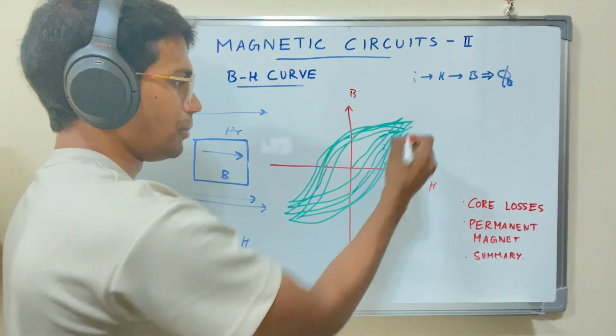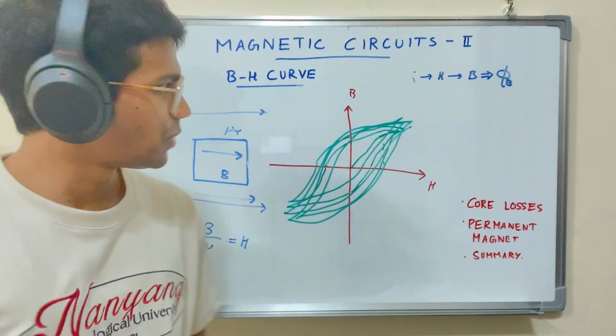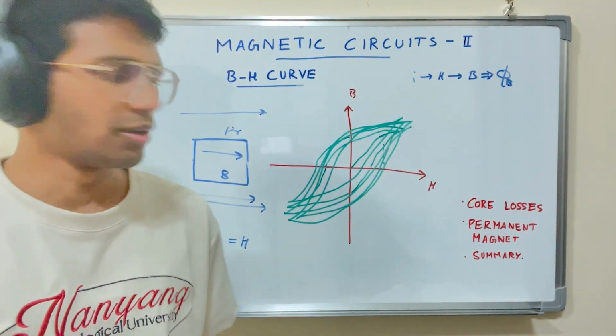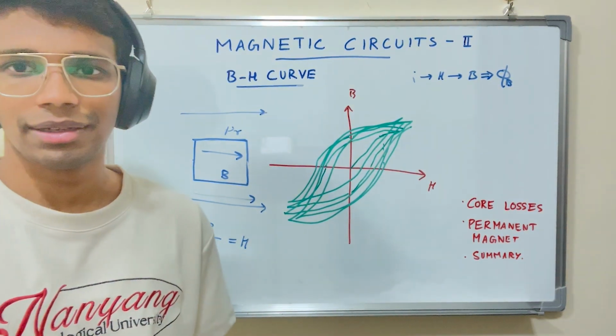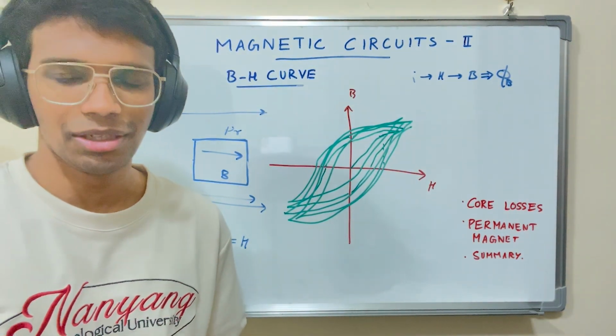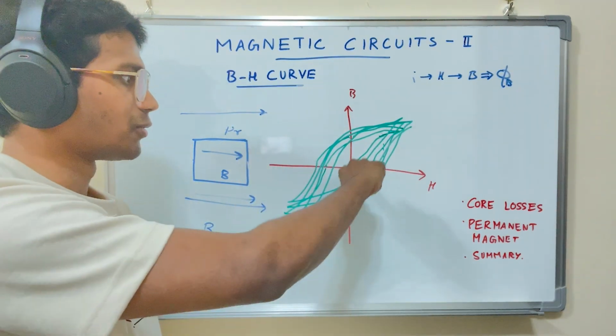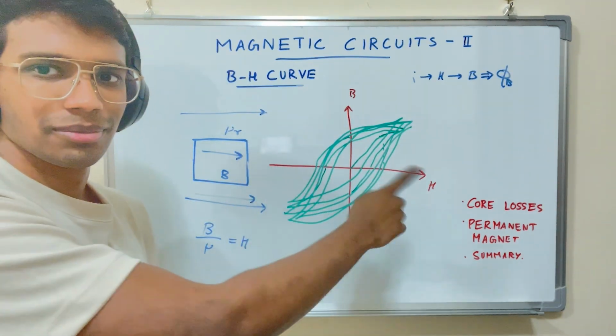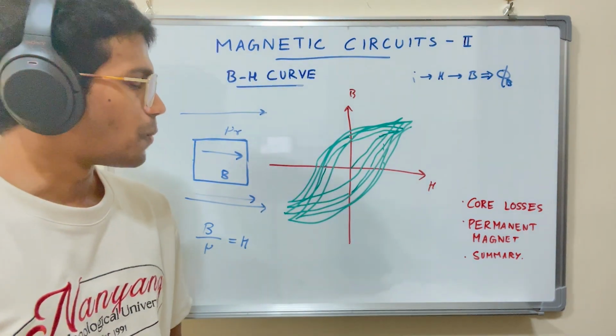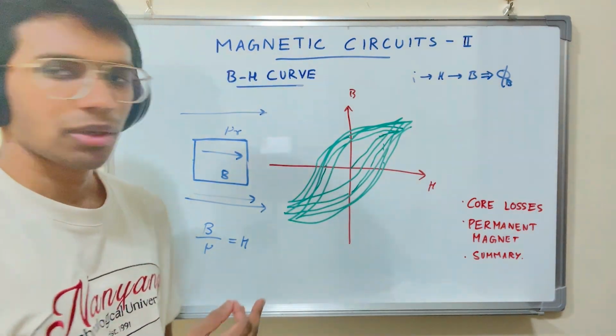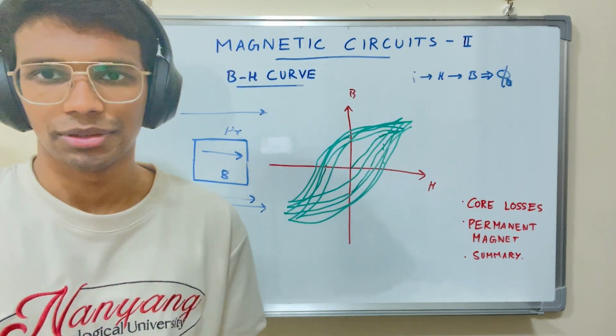So this is the BH curve. And we're discussing this here because we're considering an AC current source that's producing this magnetizing force H. So there are cycles of it increasing and decreasing back and forth, right? Now, there is some loss of power due to this BH curve, due to this hysteresis curve.